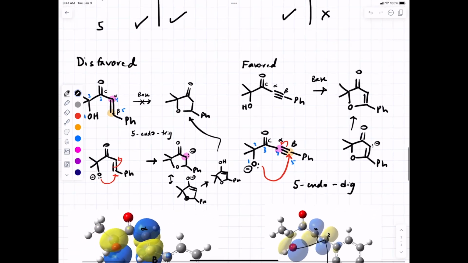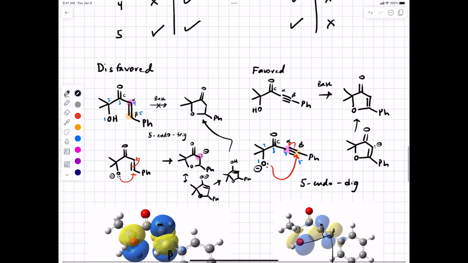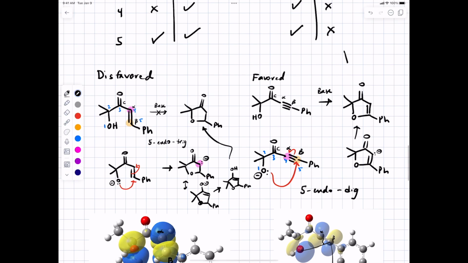I don't actually know. I haven't read this paper, so I don't know whether they are able to detect any enol formation. My guess is no, because the enol for that one is going to look like this, which seems too horrible to comprehend.